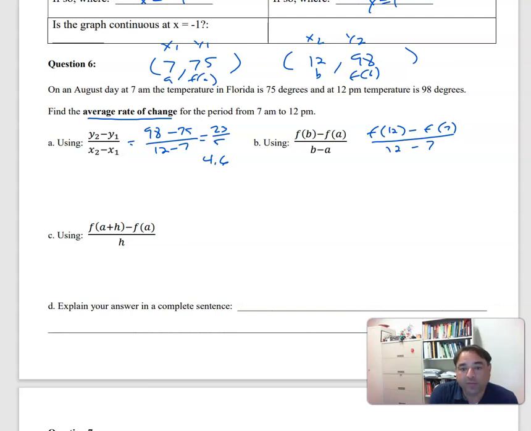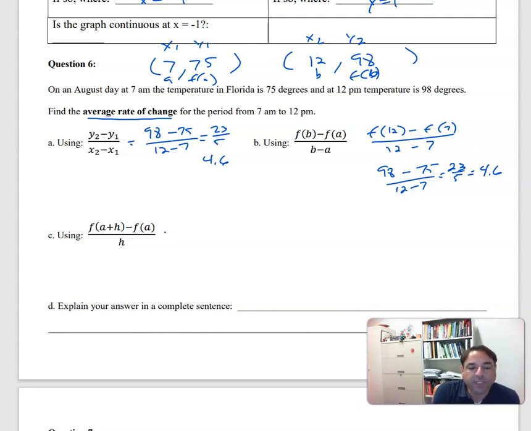F of 12 is the result of 12, which is 98, minus the result of 7, which is 75, over 12 minus 7 gives you 23 over 5, which gives you 4.6. Okay, so same thing, just a different perspective.